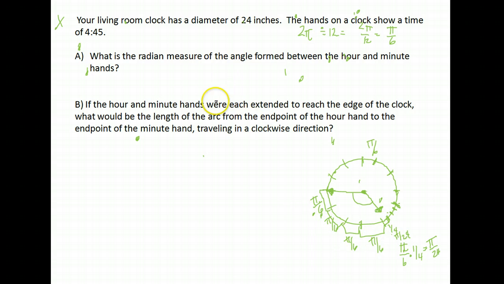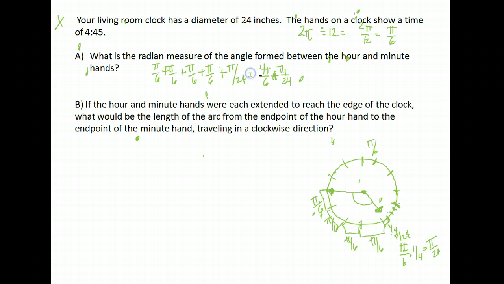So our radian measure of our angle, we have pi over 6 4 times. So you can do 4 pi over 6, or you can add them 4 times. It's up to you. And then we had plus another small wedge, pi over 24. We're going to add those together. So a 6th, a 6th, a 6th, a 6th, and then a 24th. That's 4 pi over 6 plus pi over 24.